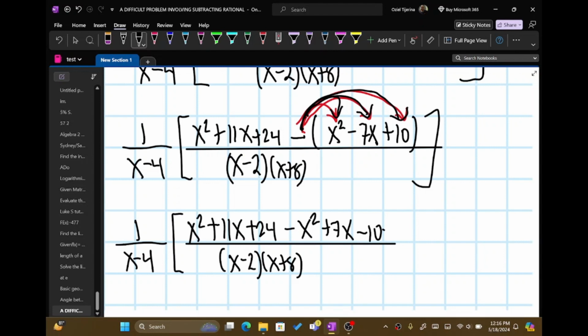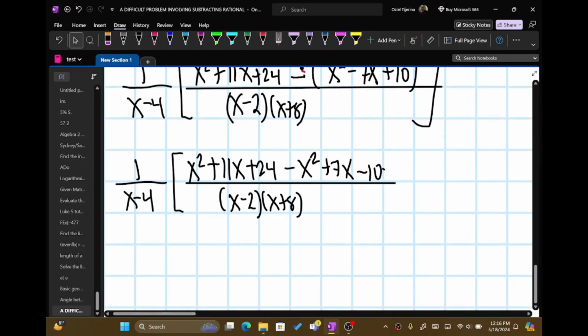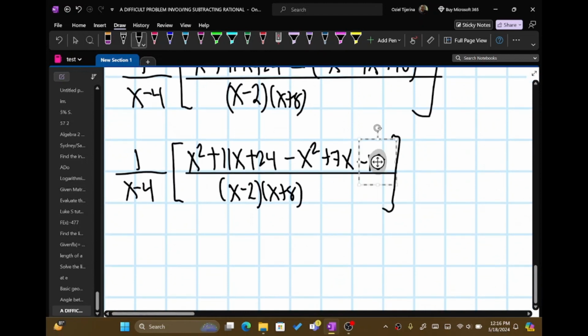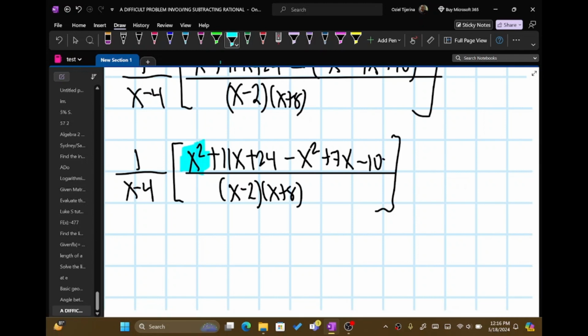Now, as you can see, the x squareds are going to cancel out. So you cancel those out, and then we have 11x plus 7x, right? And that's going to be 18x.